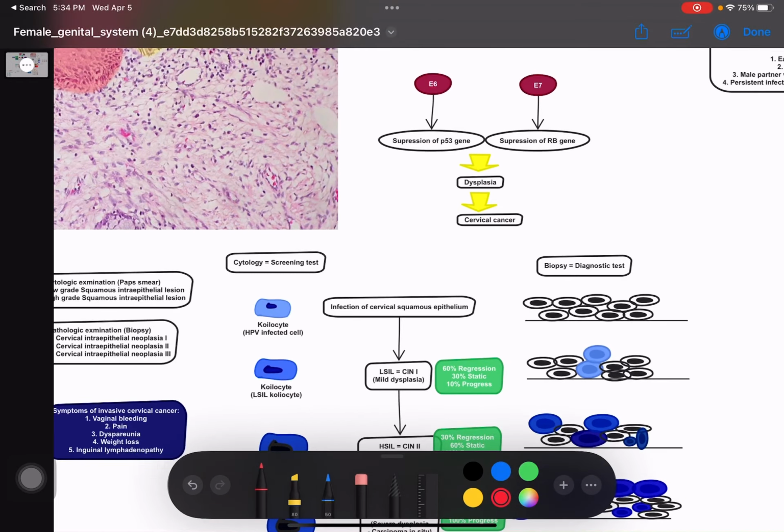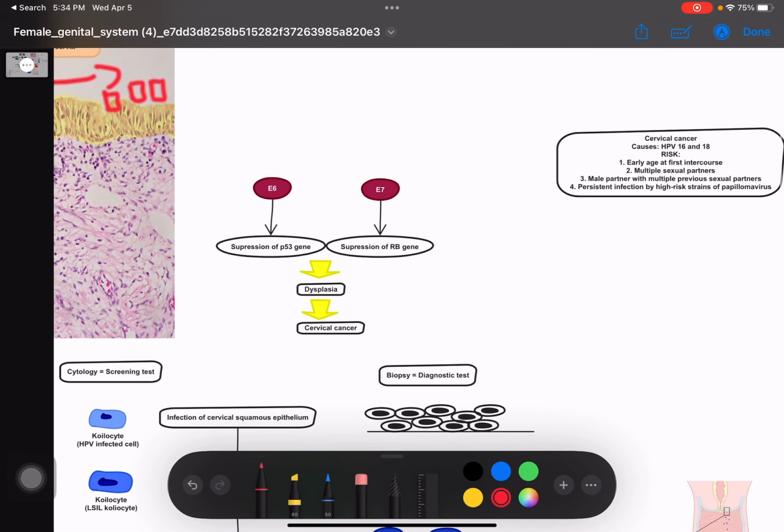So let's remember the pathophysiology of HPV-induced cervical dysplasia. HPV is a human papillomavirus, a DNA-based virus. When it infects human cells, especially the cervical squamous cells, especially the high-risk serotypes known as 16 and 18, they have the ability to integrate into the host cell genome.